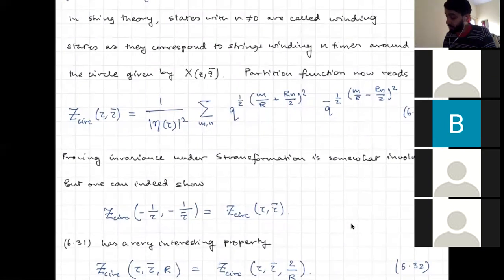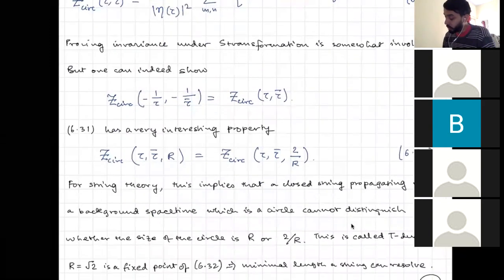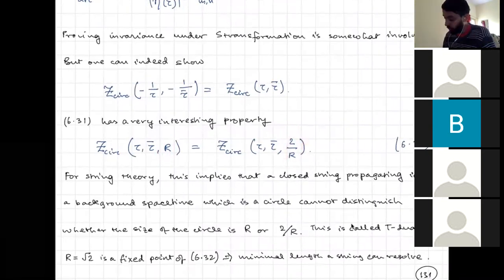I told you that there is a particularly interesting property here, which is called duality, which shows that if you have a circle of size R and a circle of size 2 over R, the partition function stays the same.